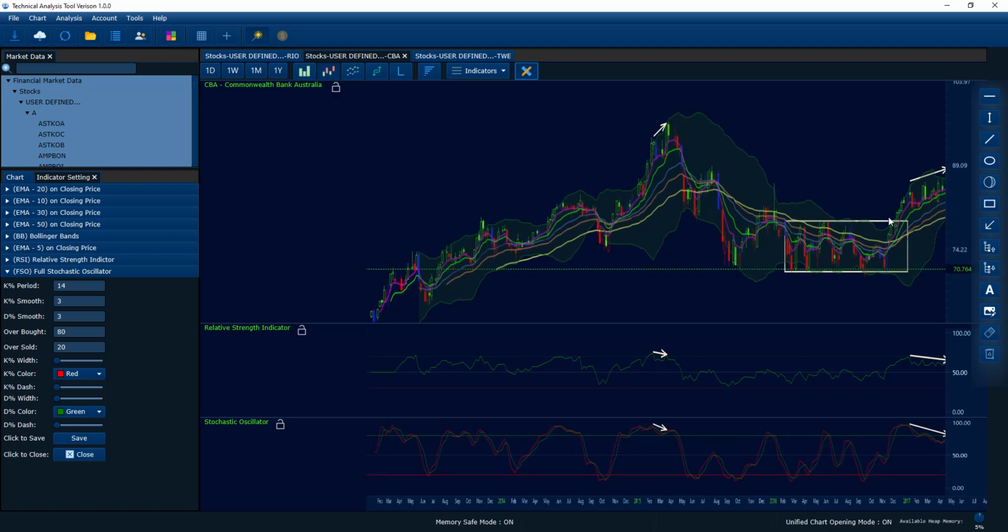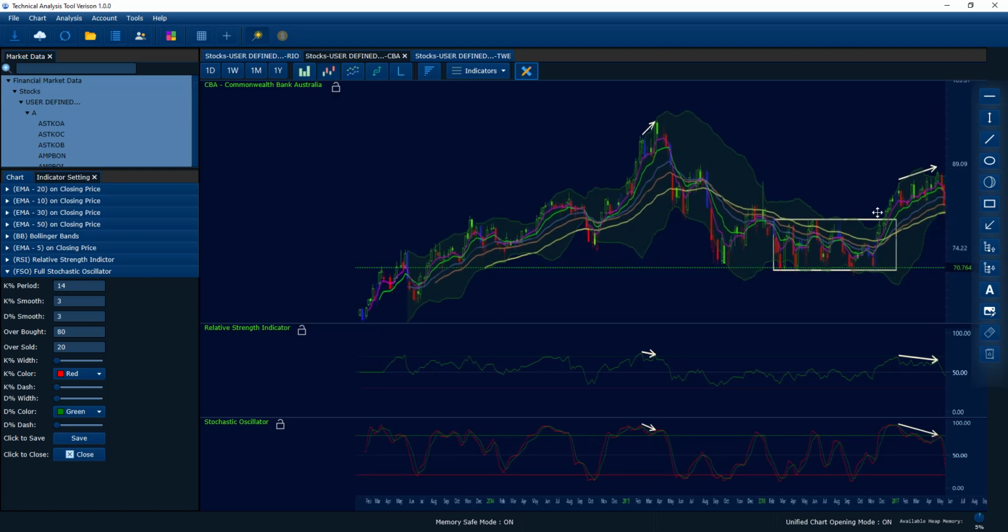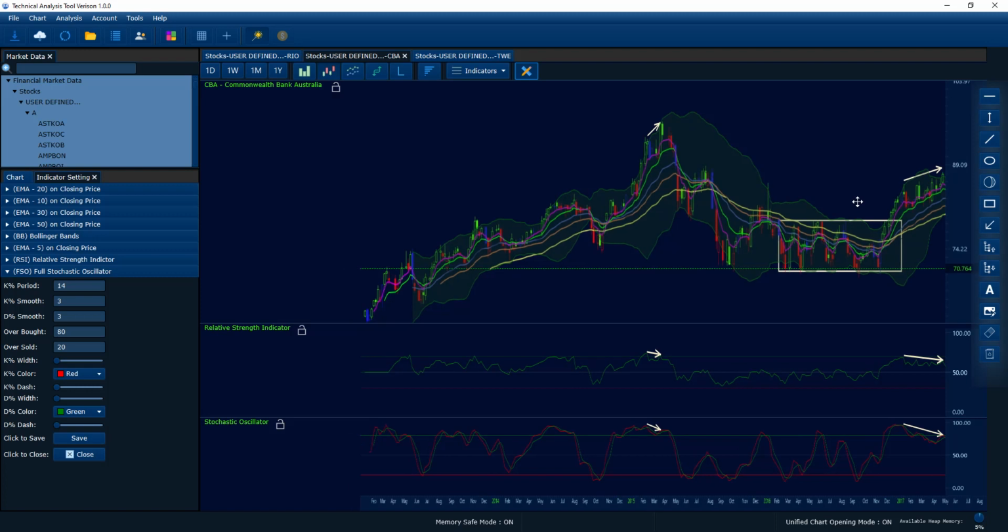You get an entry point from here, but very quickly you get a divergence. Basically, the divergence doesn't really tell you the timing.